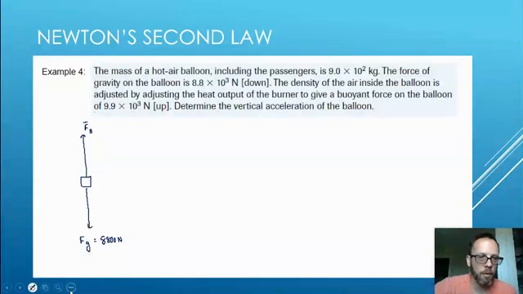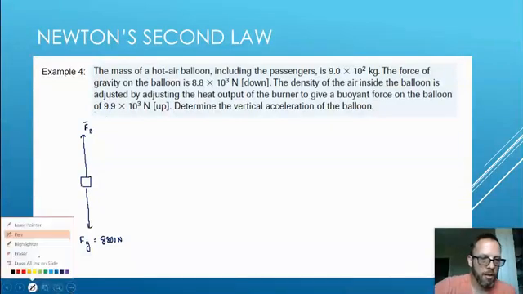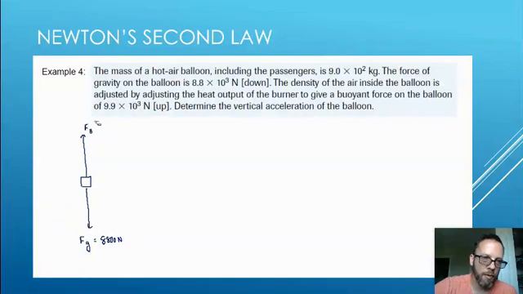For this particular problem, I might just do things a bit differently. I might just drop the vector signs and understand that what I'm writing out now are the magnitudes here. 9,900 up. And I'm going to add a sign convention. I think here it makes sense for up to be positive.